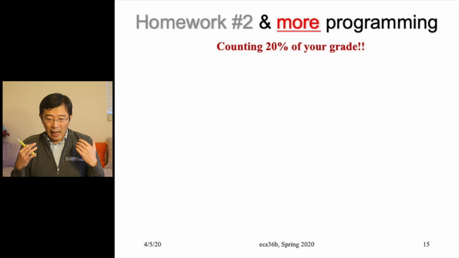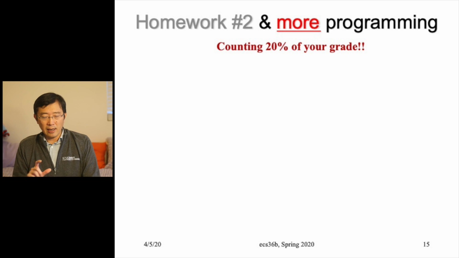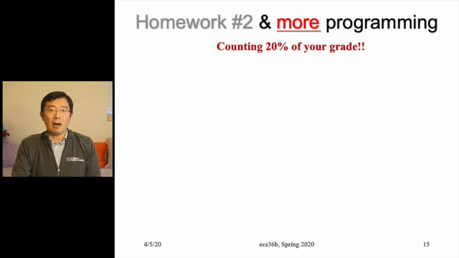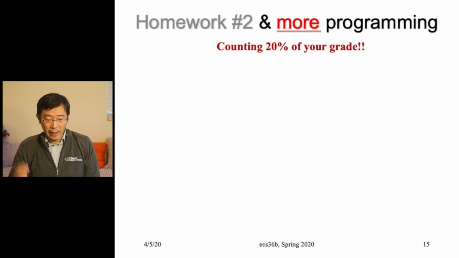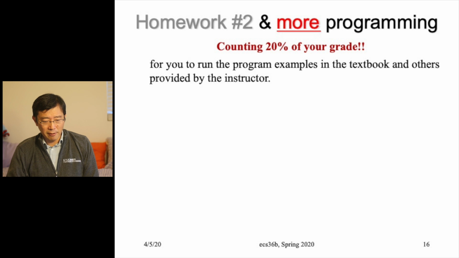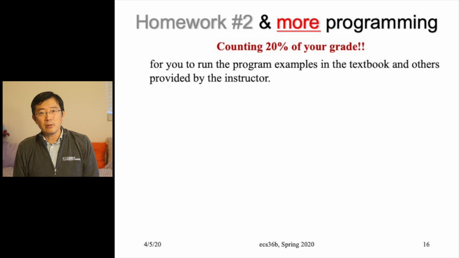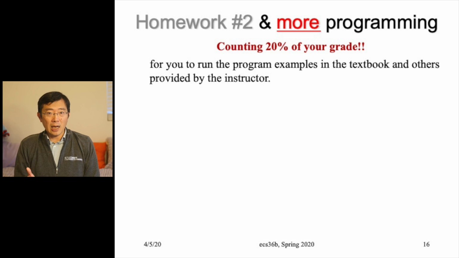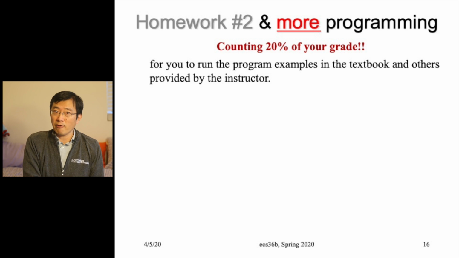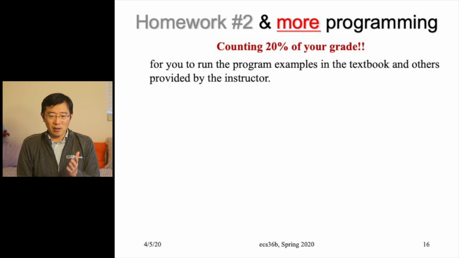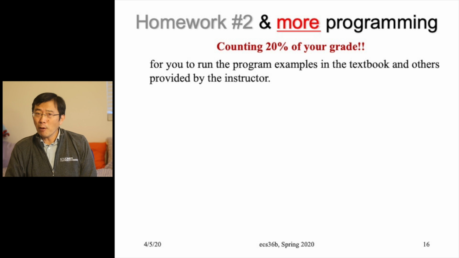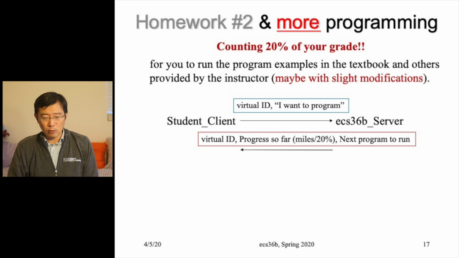So I decided to shift the grading a little bit to have 20% of your grade depend on what I'm going to tell you right now. I want you to run the program examples in the textbook, and sometimes I will give you some extra programs to run or slightly modify. How will you get to that 20%?